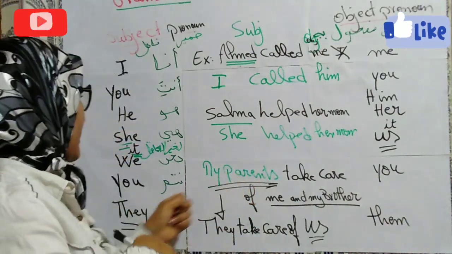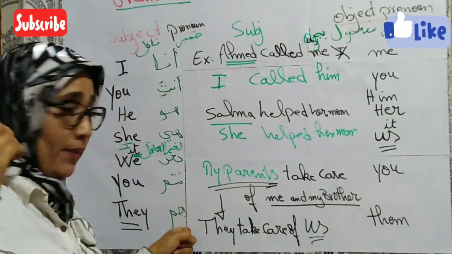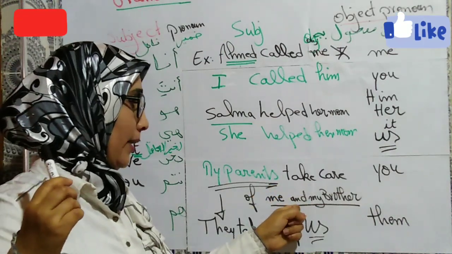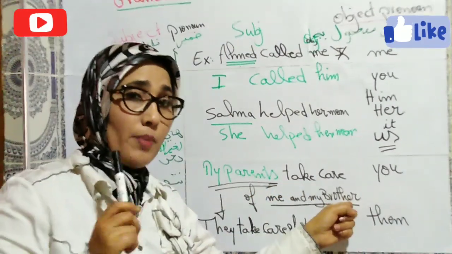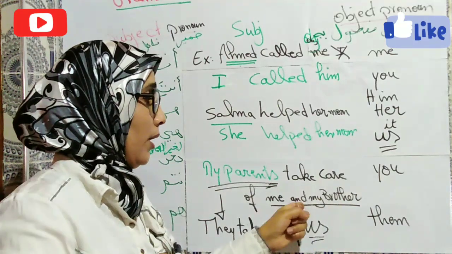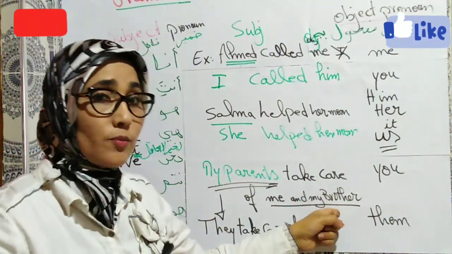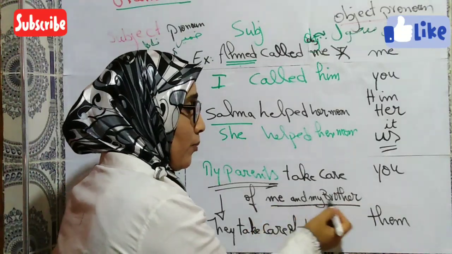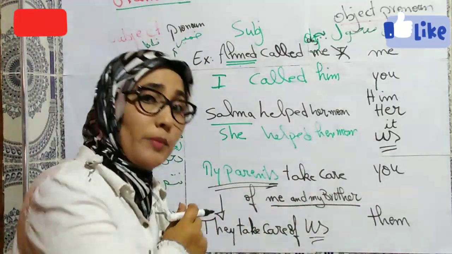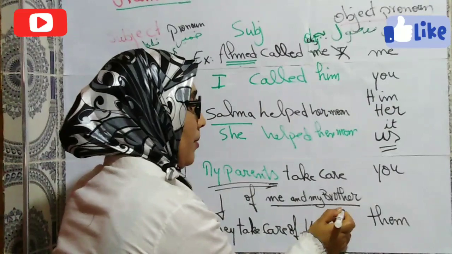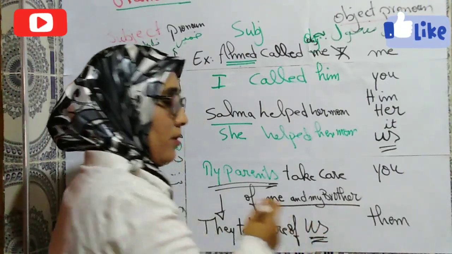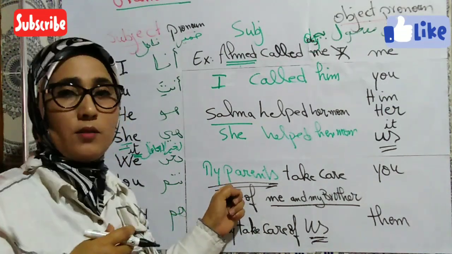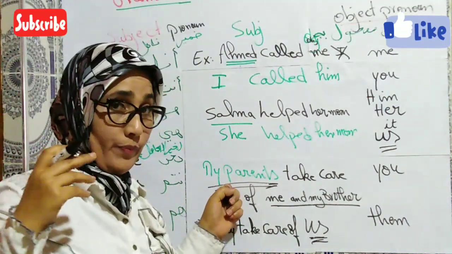We have to use subject pronoun, my parents. Okay? And if we want to replace me and my brother by a pronoun, we have to use object pronoun. إذا أردنا تعويض me and my brother ضمير يجب أن نفعل ضمير us. Okay? And parents, it's they, هم.